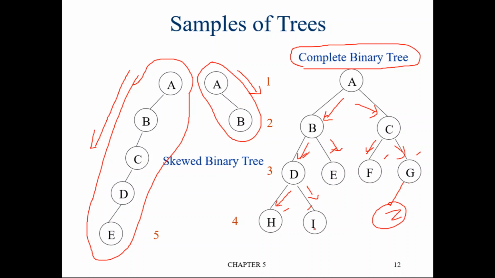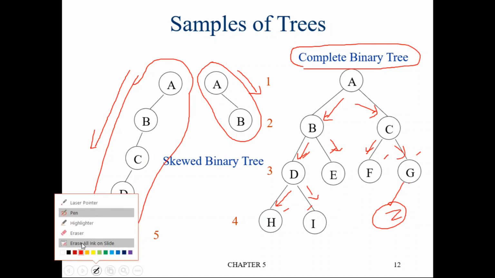Because after E, if you follow the order, there should be a left child for E, then there should be a right child for E, then there should be a left child for F, and then there should be a right child for F, and then Z should come. Otherwise you cannot call it a complete binary tree.